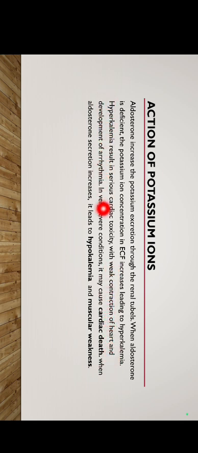Hyperkalemia results in serious cardiac toxicity with weak contraction of the heart and the development of arrhythmia. In severe conditions, it may cause cardiac death. When aldosterone secretion is increased, it leads to hypokalemia and muscular weakness. So hyperkalemia leads to cardiac death, and hypokalemia leads to muscle weakness.